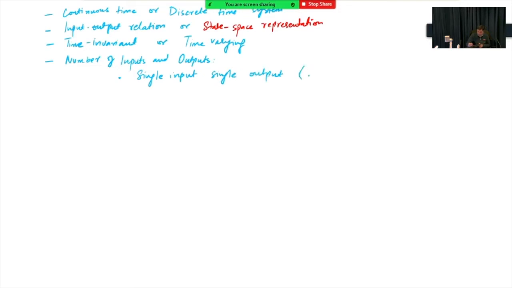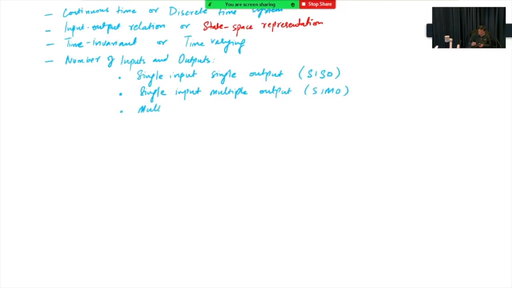Okay, so that type of system is called a SISO system. These are terms that you might have heard of already, or you might already be familiar, but then there are other systems like single input, multiple output, which is called a SIMO.